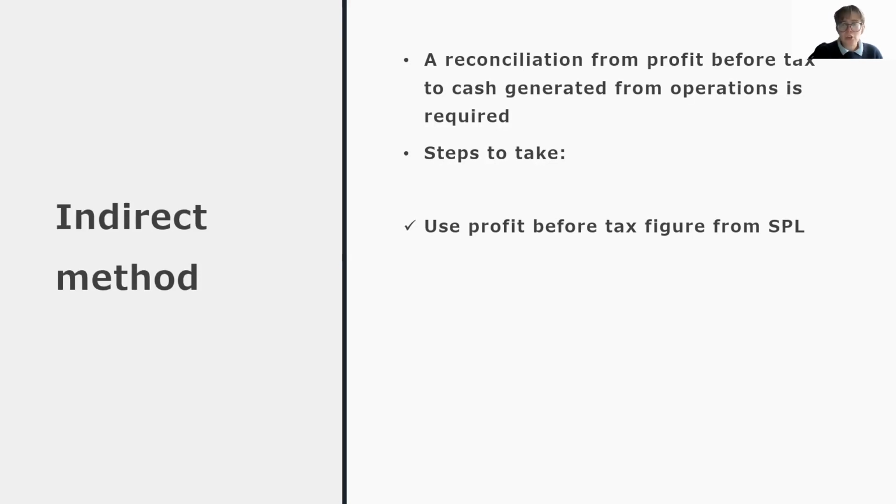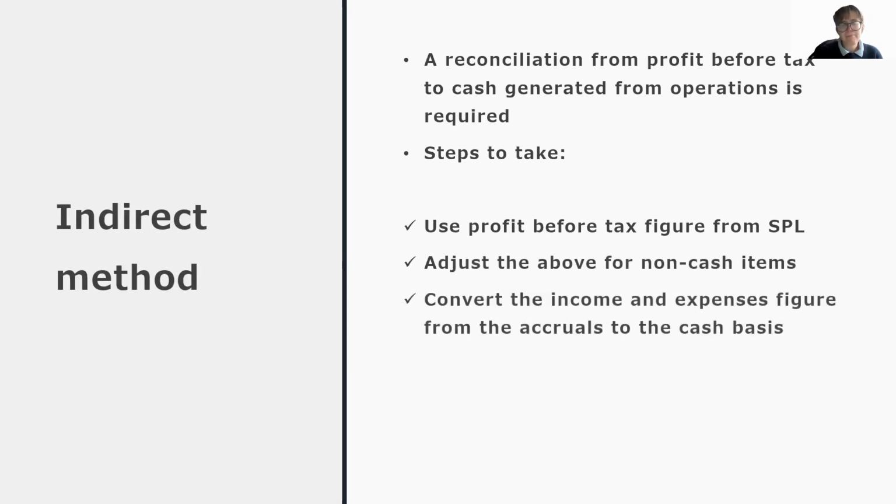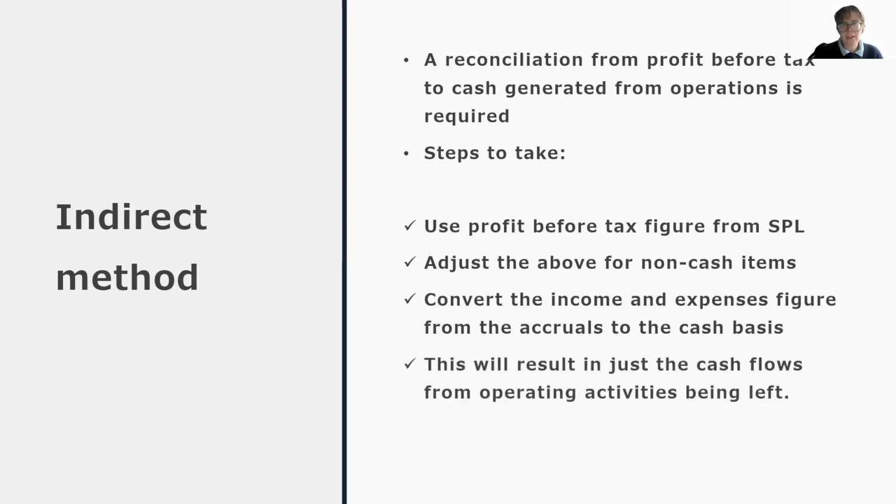You then must adjust that for the non-cash items. Once you've done that, you can convert the income and expenses figure from the accruals to the cash basis. This results in just the cash flows from operating activities being left.